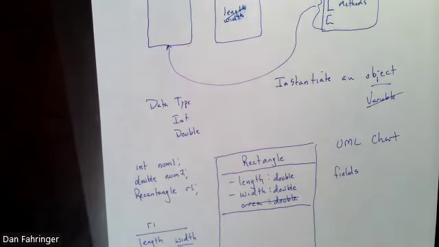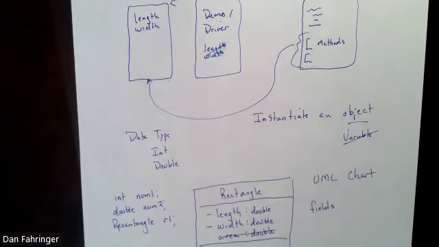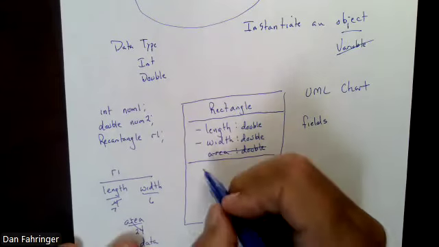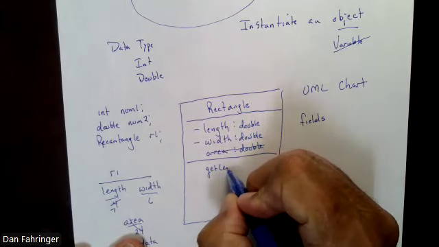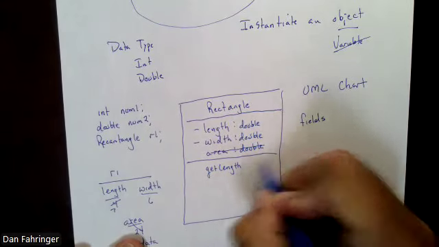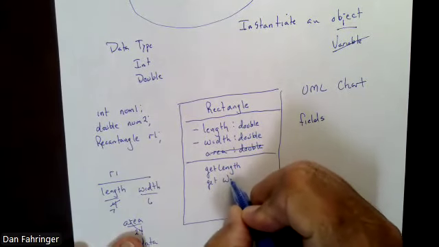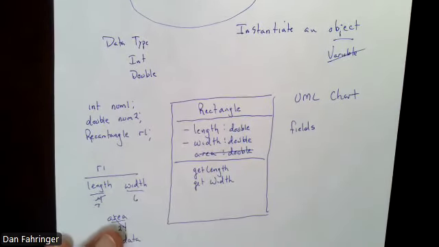Boom, done. Now, we talked about these methods that we want to put over here, and we have some different types. Hopefully you watched the video and you saw we have one called get length. We have one called get width. There were 2 of them.